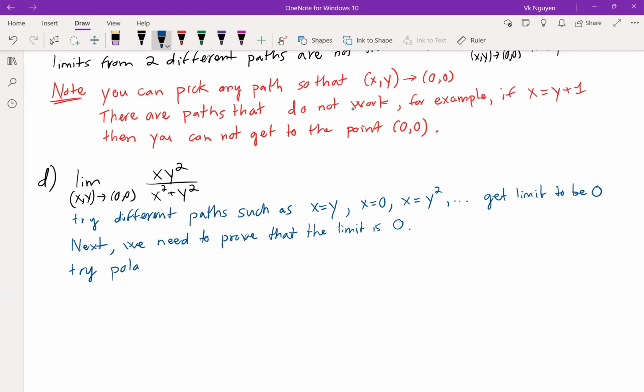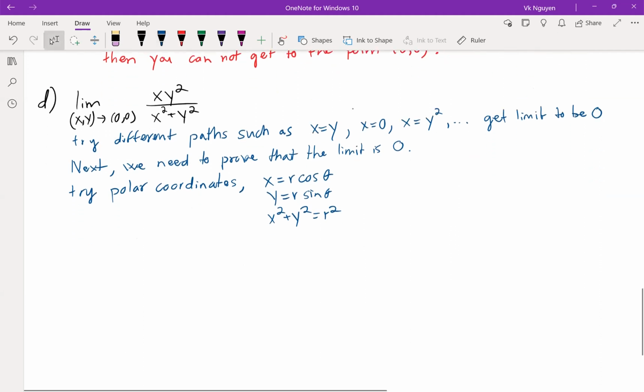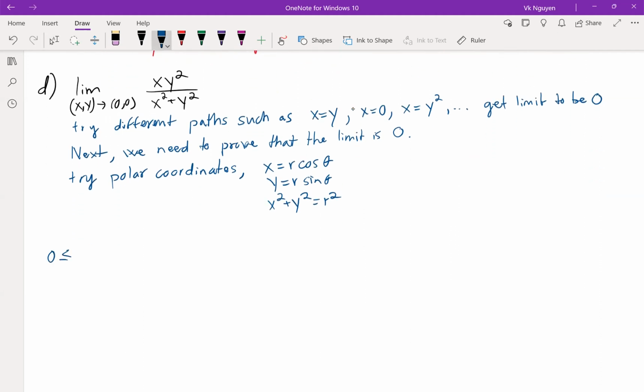Try polar coordinates: x equals r cosine theta, y equals r sine theta, and then x squared plus y squared is r squared. Zero is less than or equal to the absolute value, which gives us a lower bound here.